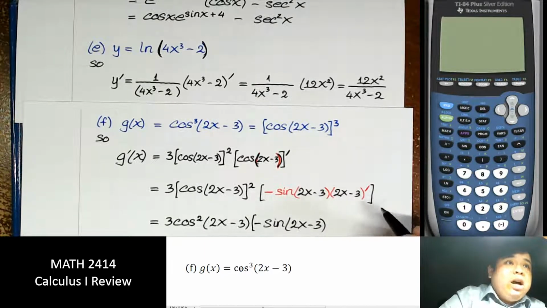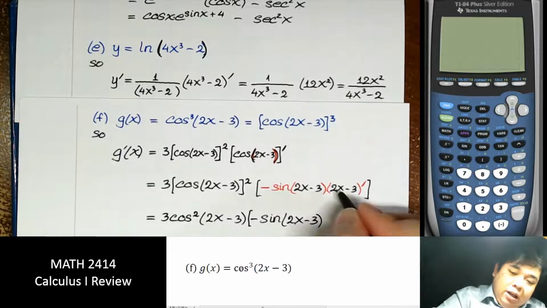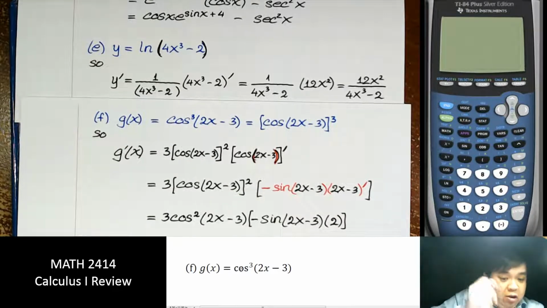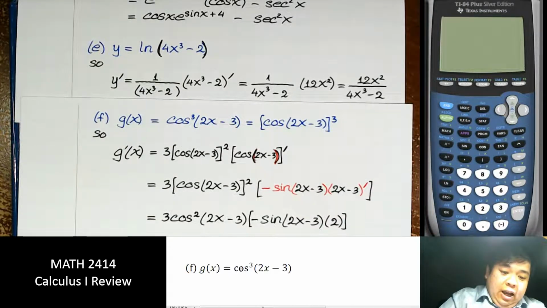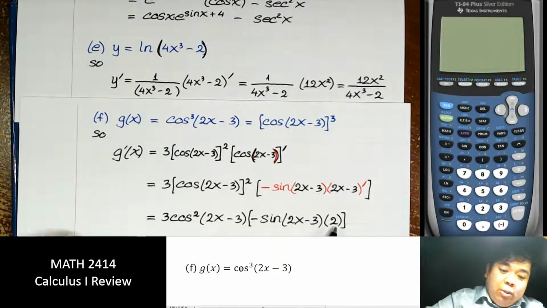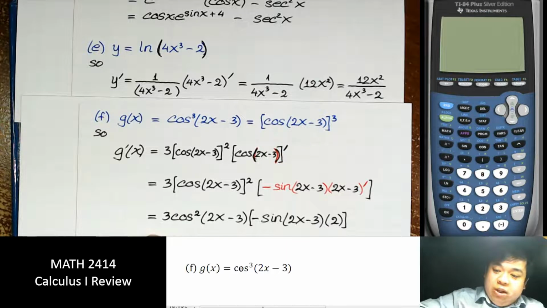And the derivative of 2x minus 3: derivative of 2x is 2, 3 is a constant, derivative is 0. Right. Now, again, the sign and the 2, they do not have any power here. So I put the negative and the 2 and the 3.